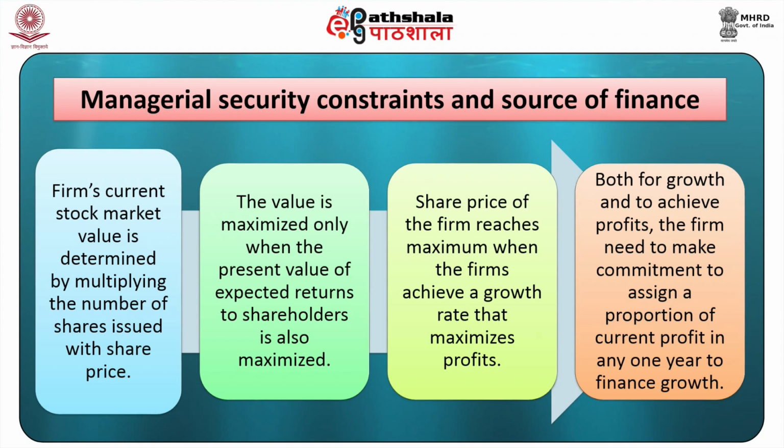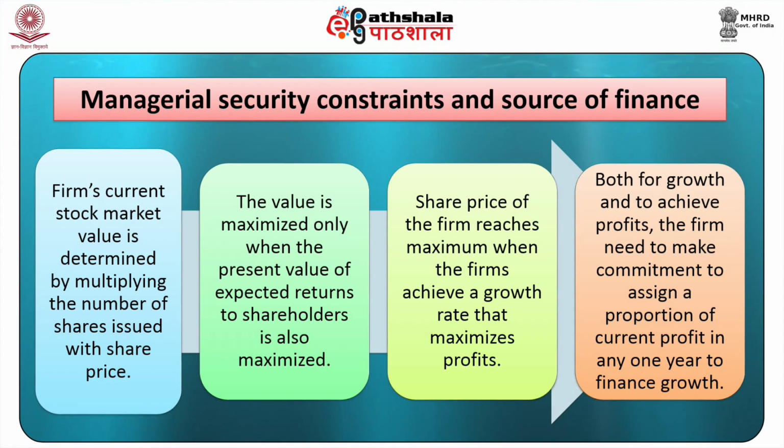A firm's current stock market value is determined by multiplying the number of shares issued with share price. The value is maximized only when the present value of expected returns to shareholders is also maximized. Share price of the firm reaches maximum when the firm achieves a growth rate that maximizes profits.